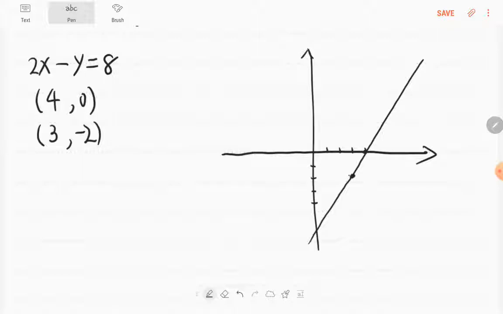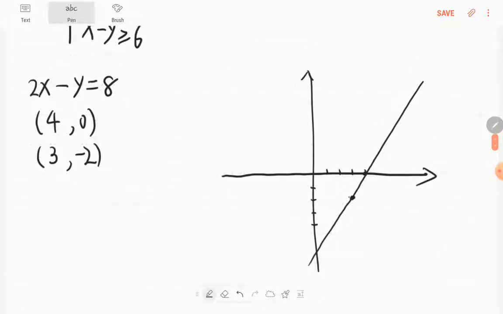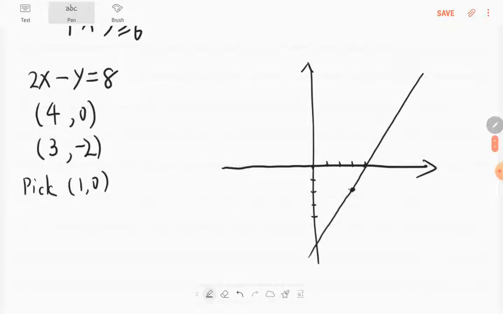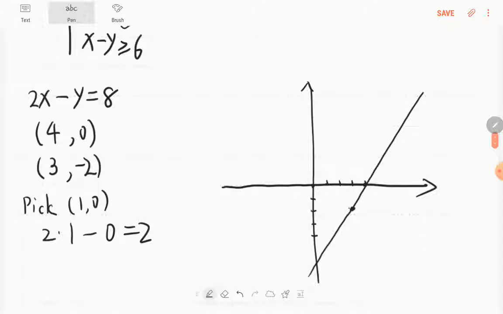But which region? We just pick an arbitrary point. Let's this time not pick (0, 0). Let's pick the point (1, 0) to see if this one is in the region. 2 times 1 minus 0 equals 2. 2 is less than or equal to 8.